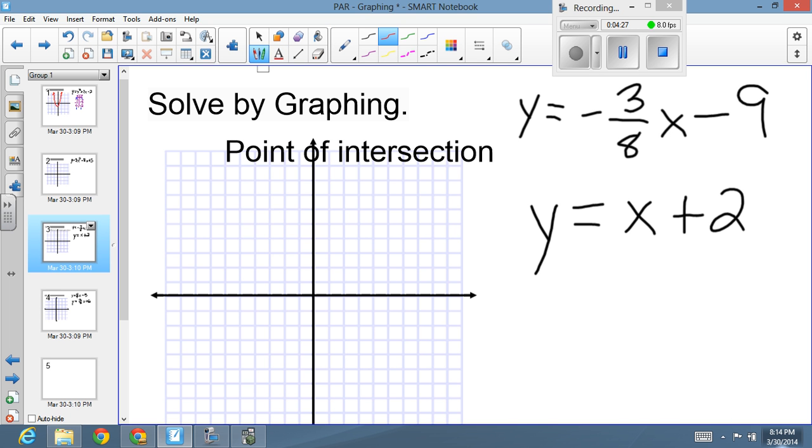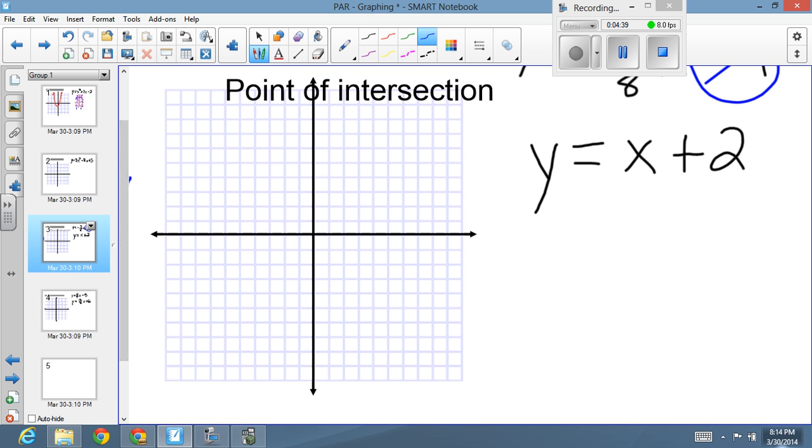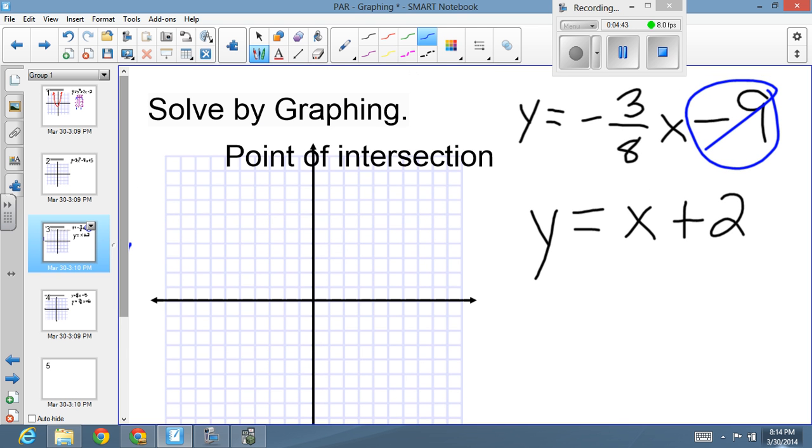So, first things first, I'm going to graph a y-intercept of -9. I didn't mean to cross that out. So that's down 9, plot a point. And then I'm going to use my slope of -3/8.